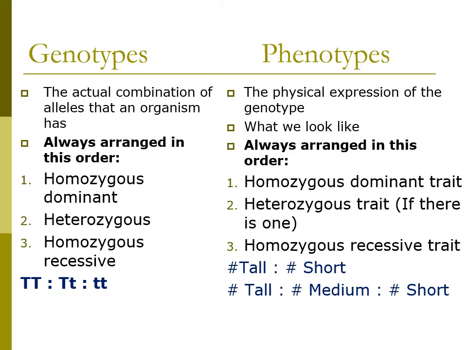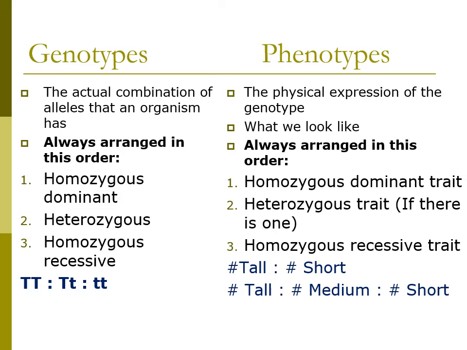It completely dominates it. So if this was tall and short, and capital T is tall and lowercase t is short, big T, big T would be tall. Big T, little t would also be tall. And you would have to have two little t's to be short. So you could be tall or short, which is dominant looking versus recessive looking.